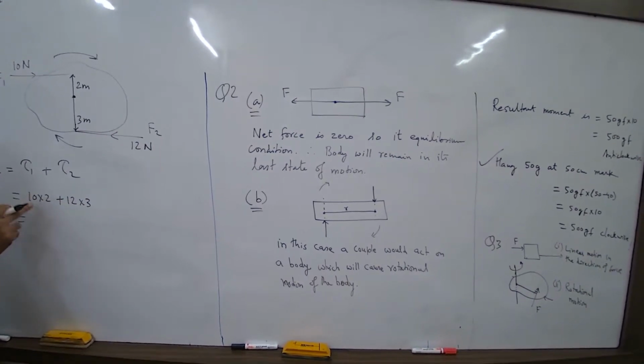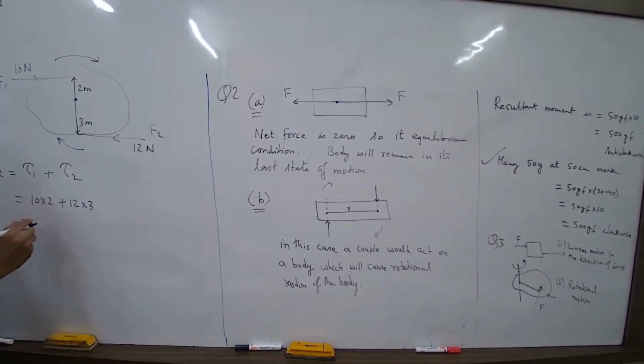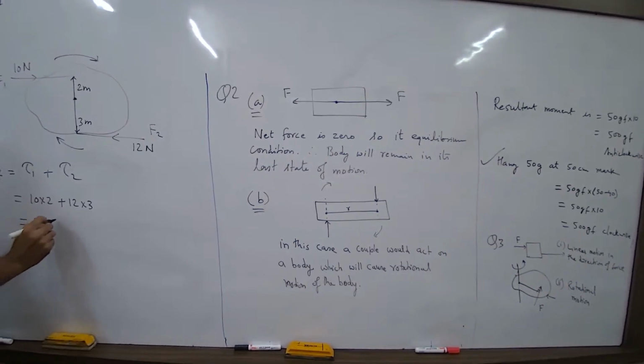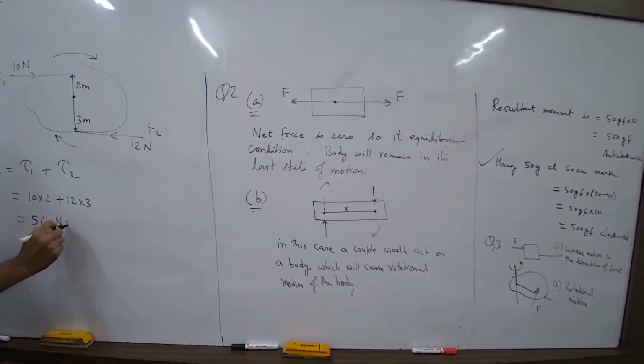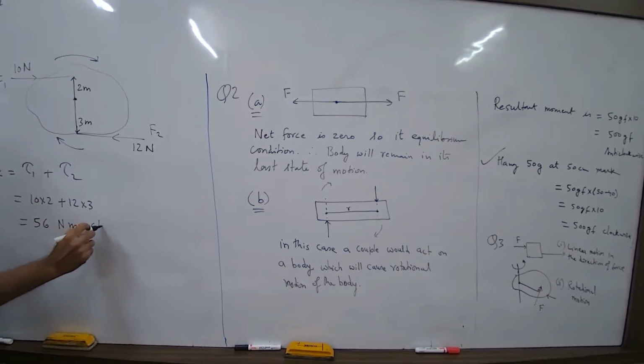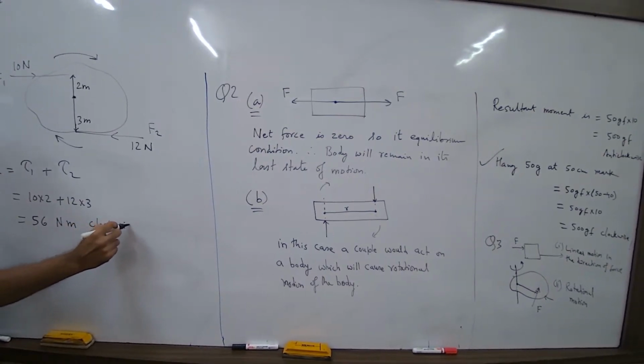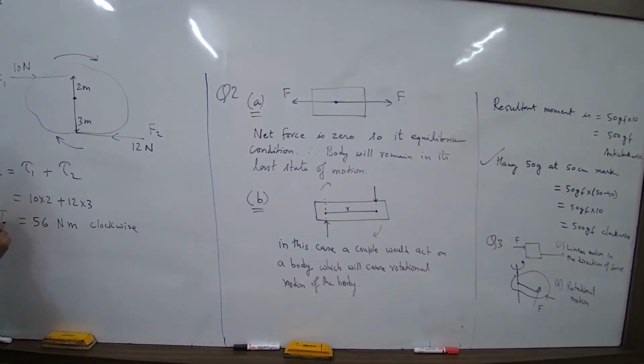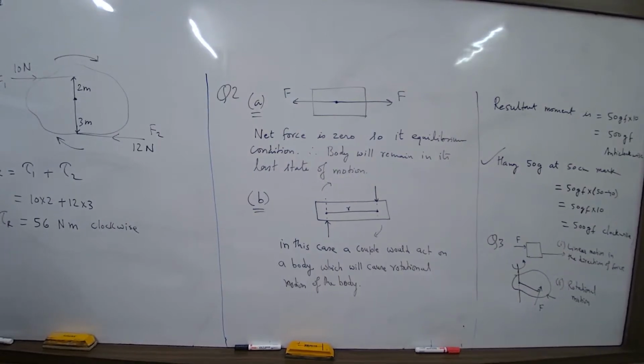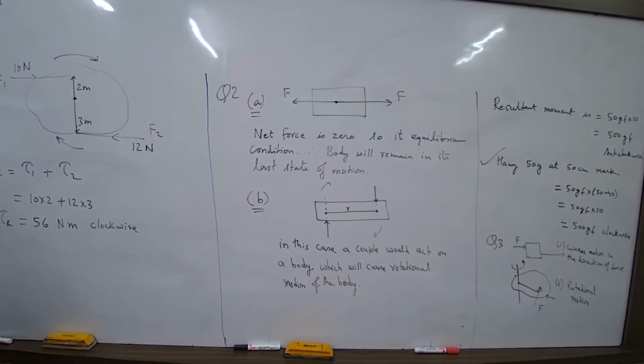Right? 20 plus 36 is 56 Newton meter clockwise. This is the resultant torque. Has everybody understood it? Will the object rotate clockwise or anti-clockwise? Clockwise.